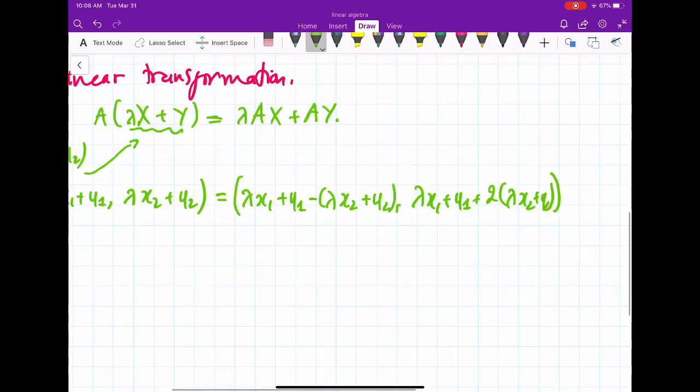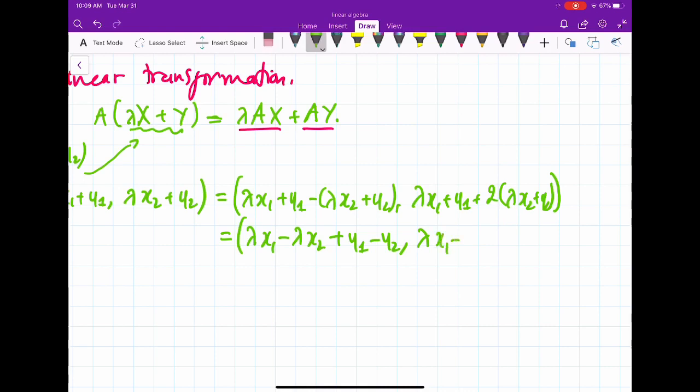Oh, I want to get the form lambda Tx plus Ty. I need to collect all terms with lambda, okay? So I have lambda x1 minus lambda x2 here, and then plus y1 minus y2. The second one is lambda x1 plus 2 lambda x2 plus y1 plus 2y2.